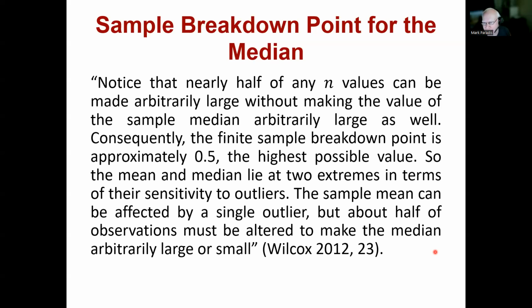So the mean and median lie at the two extremes in terms of their sensitivity to outliers. The sample mean can be affected by a single outlier, but about half of the observations must be altered to make the median arbitrarily large or small. So the median is much less useful in terms of calculating more advanced statistics. The formulas that rely on the median are more difficult to use.